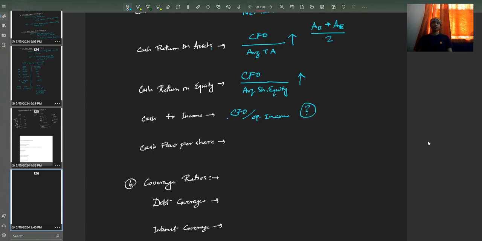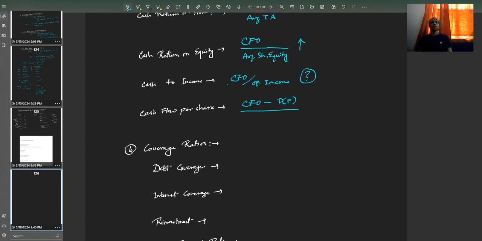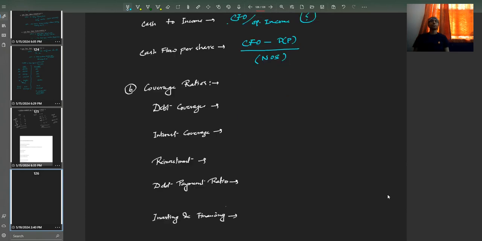Cash flow per share. This is CFO minus preferred dividends divided by number of common shares outstanding. Debt coverage. This is CFO, cash flow from operations, by total debt. Total debt means interest bearing short-term debt and long-term debt.